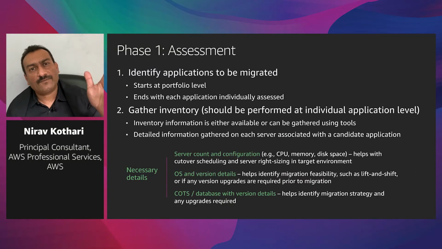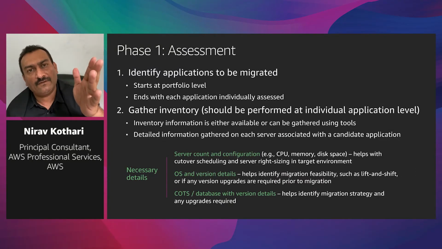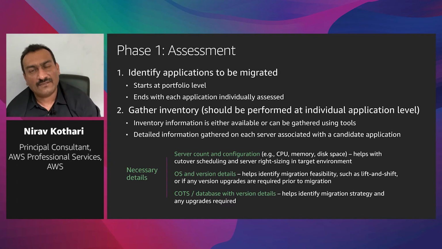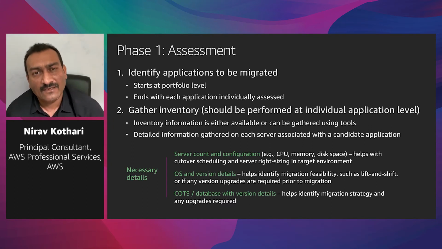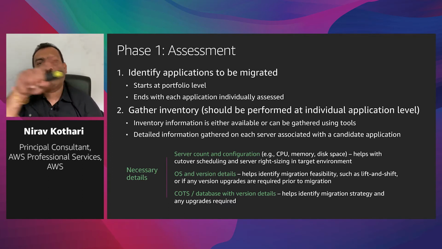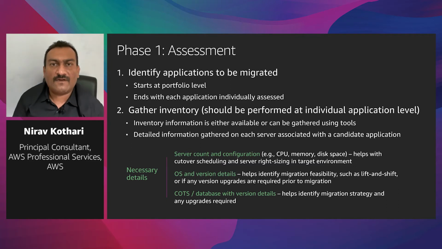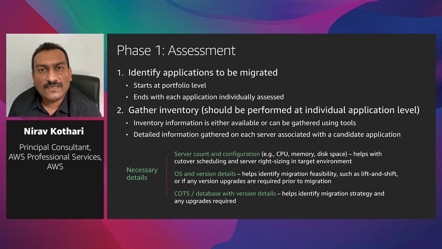Now that we went through assessment at a portfolio application level, we defined what each one of those R migration strategies are. We talked about some influencing factors that you can apply at an individual application level. Let's go back to the first slide. We spoke about the top tier, or the top part of the graphics. The bottom part of the graphics, the checklist, is what we're going to talk about next.